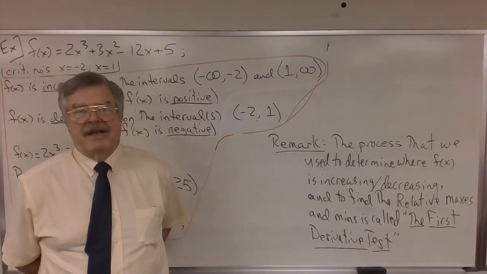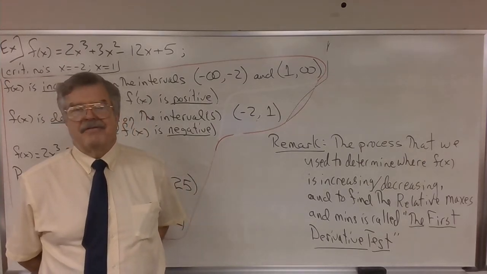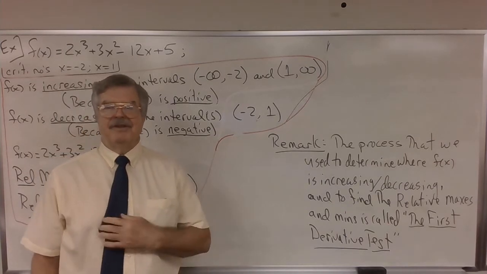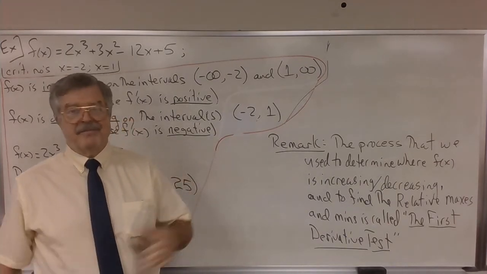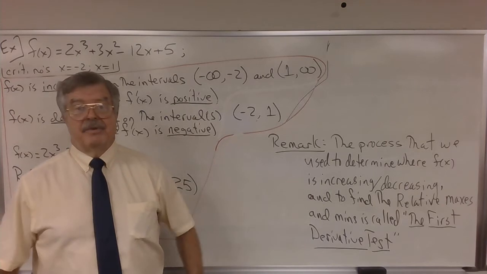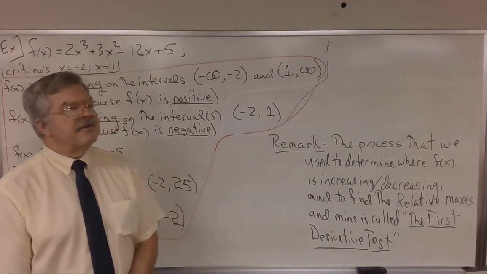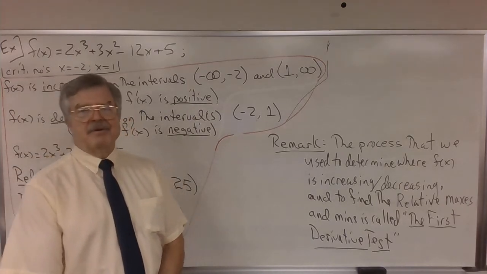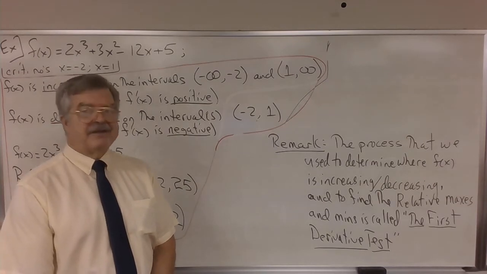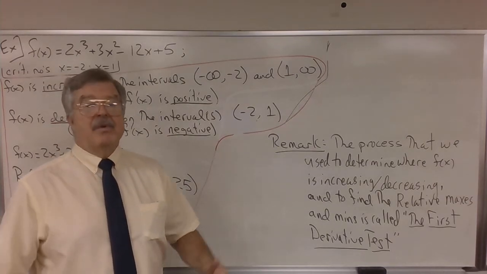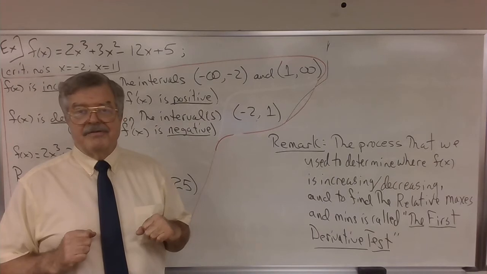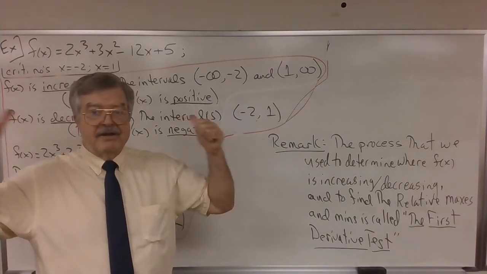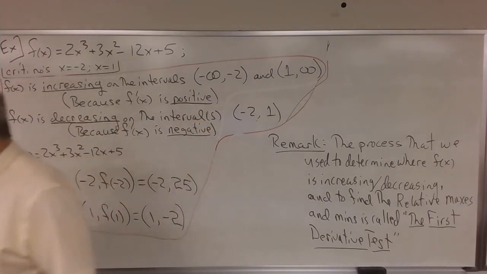So when our authors ask us to determine where f of x is increasing and decreasing using the first derivative test, that's the process that we just used. When the author asks us to find the relative maximums and relative minimums, we use the first derivative test. That's the process that we just used.